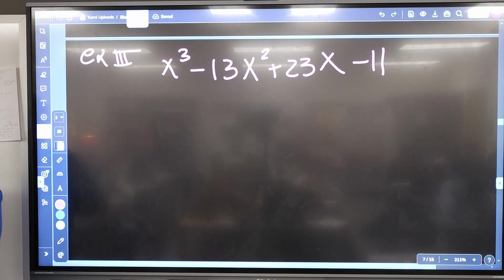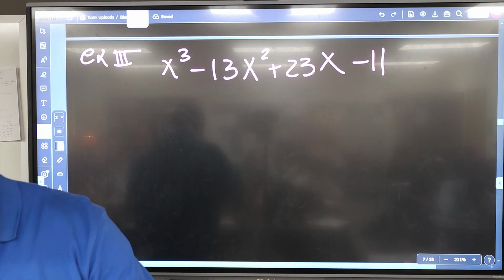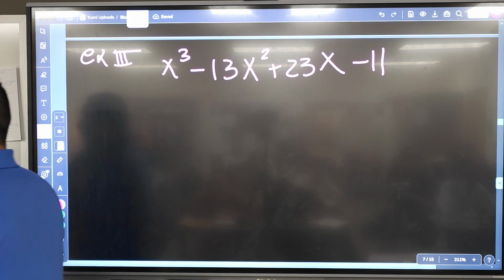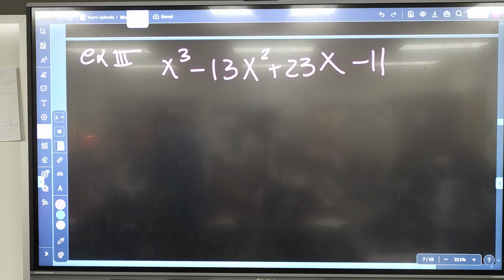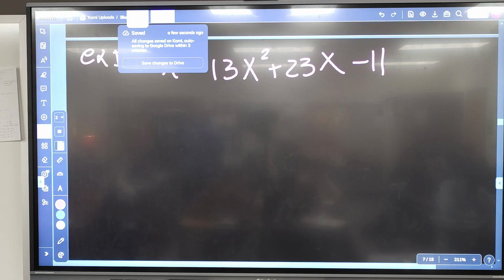The end result is that you sketch the graph with the accurate x-intercepts, y-intercept, the whole thing.